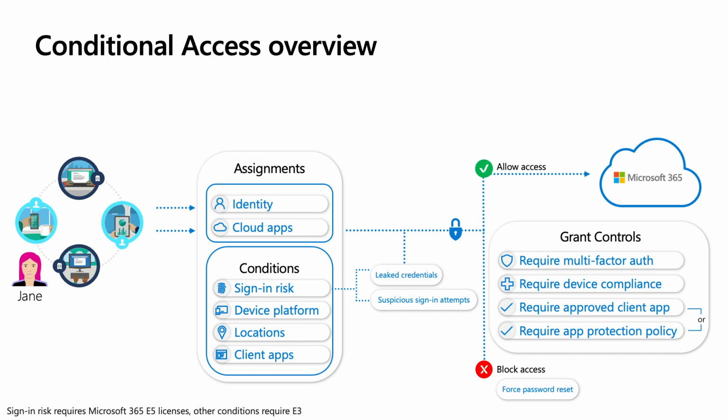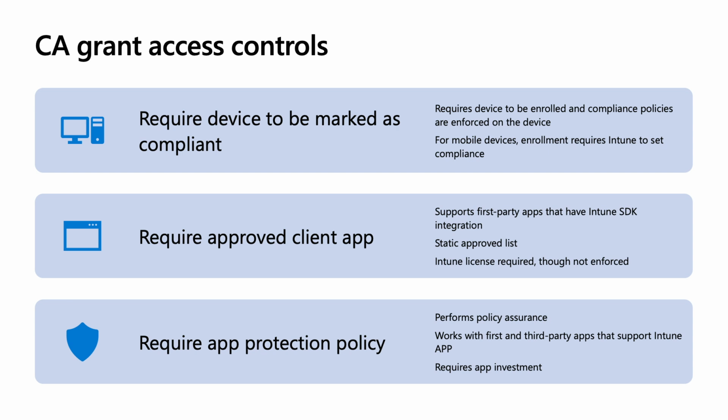If we decide to allow access, we have several grant access controls that can further define how that access is granted. For the purposes of Endpoint Manager, there are 3 distinct access controls. First being require device to be marked as compliant. Require device to be marked as compliant is as it sounds.